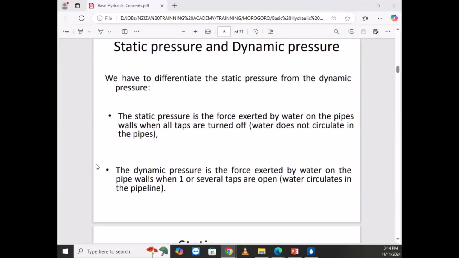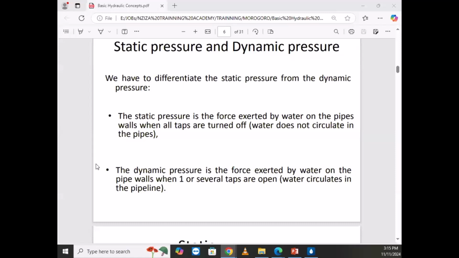Okay, the static pressure is the force exerted by water on the pipe wall when all the taps are turned off. To mean, there is no movement of water, so there will be no losses accounted for in the system.